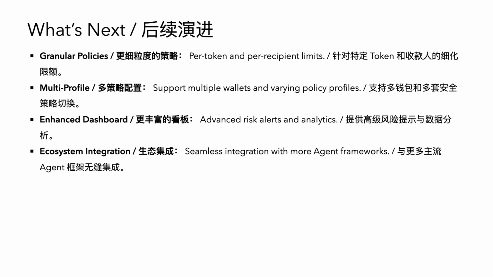The dashboard can also become more powerful, with richer risk alerts, better analytics, and clearer explanations of rejected transactions. Finally, the wallet can integrate with more agent frameworks, so developers can plug this local signing boundary into their existing agent workflows. The long-term goal is to make autonomous blockchain actions safer without removing the flexibility that makes agents useful.